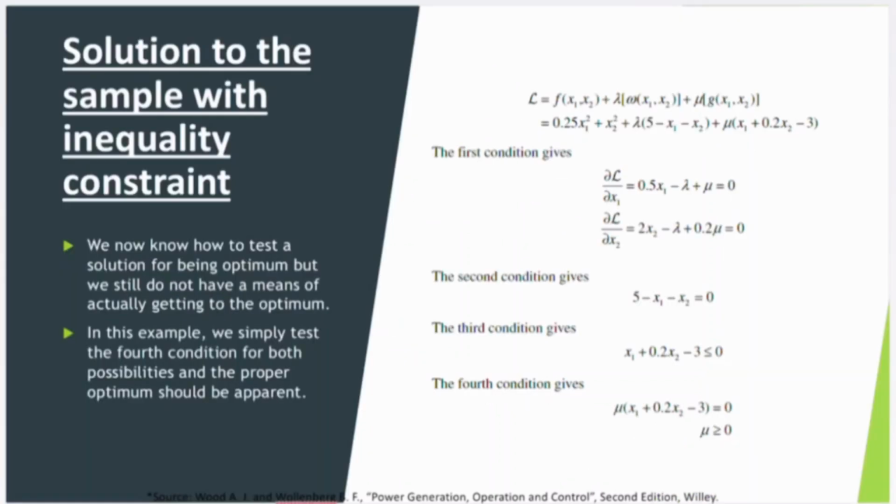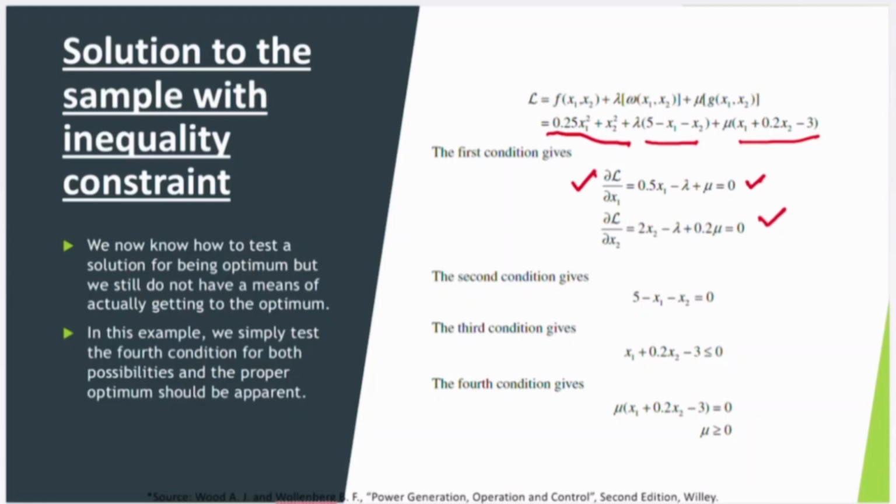All right, so you can take one numerical example. If this is my objective function and this is my equality constraint, and this is the inequality constraint, then instead of lambda, I have added one more variable, that is mu. Okay, so the first condition with equality and inequality constraints is that dL/dx1 must be equal to 0, dL/dx2 must be equal to 0.